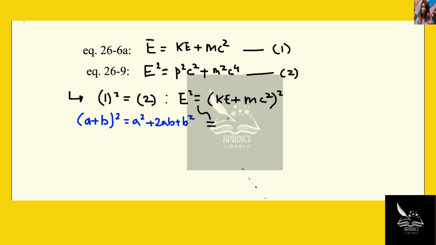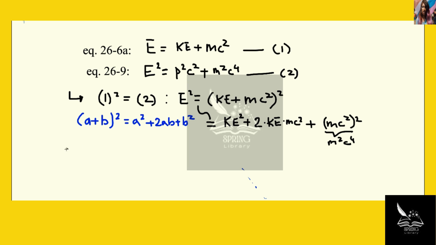What we get is E squared is equal to KE squared plus 2 times KE times mc squared plus (mc squared) quantity squared. So this just comes out to m squared c to the fourth. Okay?